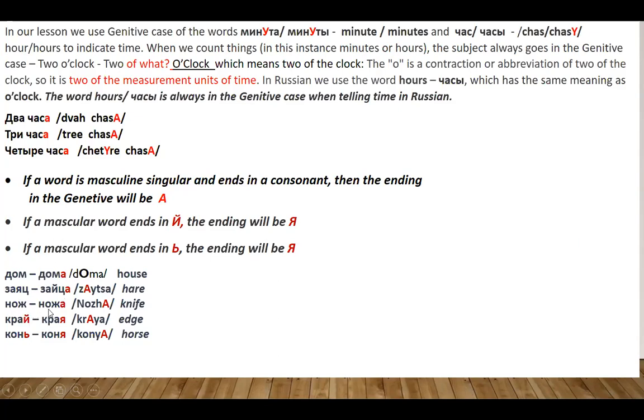Нож, ножа, knife, нет ножа. Here's an example of ending й, край. So in the genitive, it will be края, я, not a. Конь, this is a soft n. In writing, we indicate it with the soft sign. Коня, нет коня, no horse, нет коня.